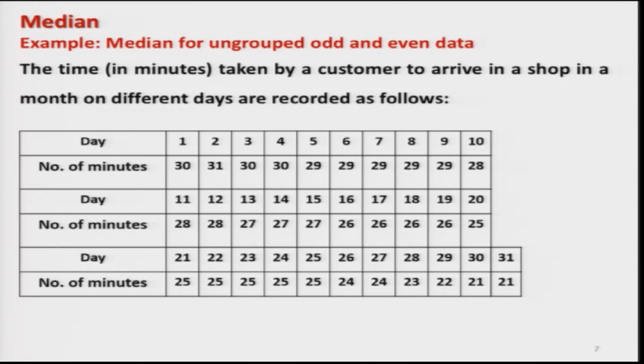Assuming there are 31 days in the month, this data has been collected. For example, on day 1 he takes 30 minutes, on day 2 the customer takes 31 minutes, and so on. Now I will find the median from this data, first considering it as ungrouped data, and then I will group it and once again find the median.